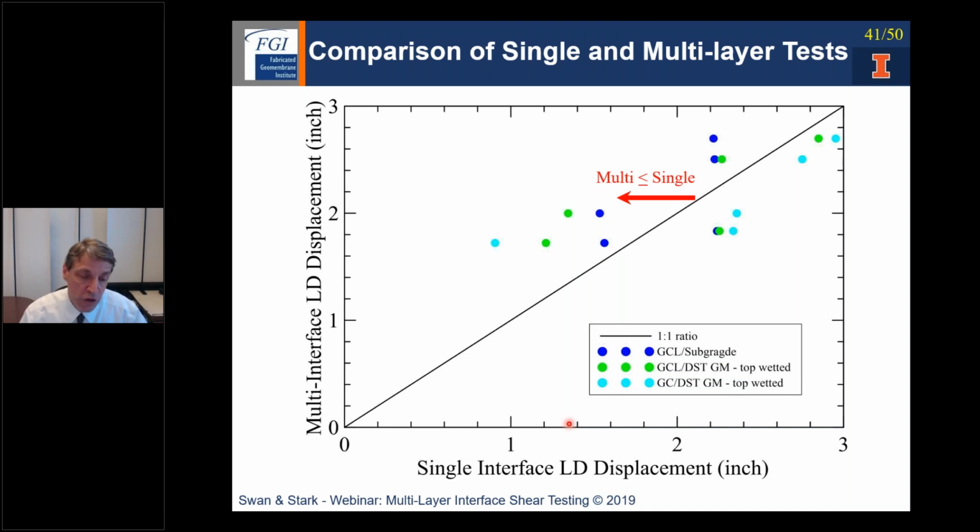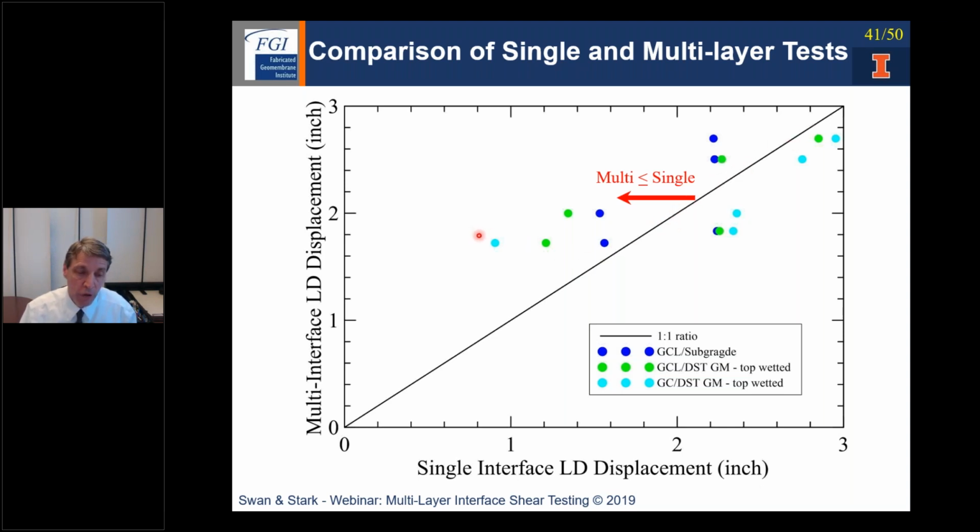So using the large displacement from multi-interface on the vertical axis and the large displacement single on the horizontal, one-to-one again would be equal. You can see a little more scatter because, again, some of the curves reached a constant minimum, but a lot did not because it's a direct shear test. You can see there's more scatter on the large displacement strength, but they're all scattering about the one-to-one line.